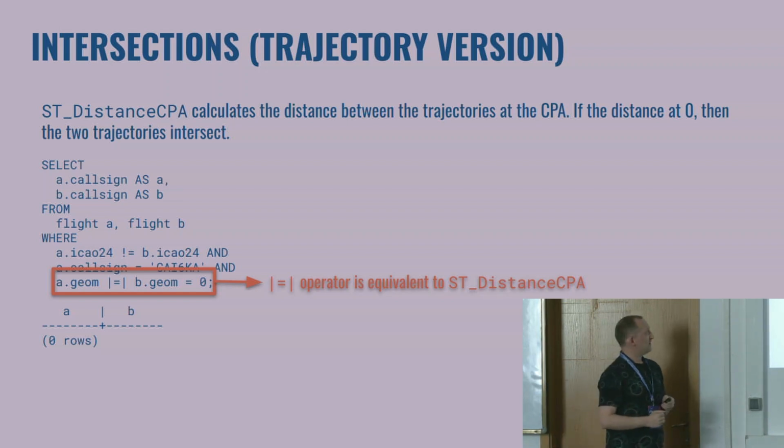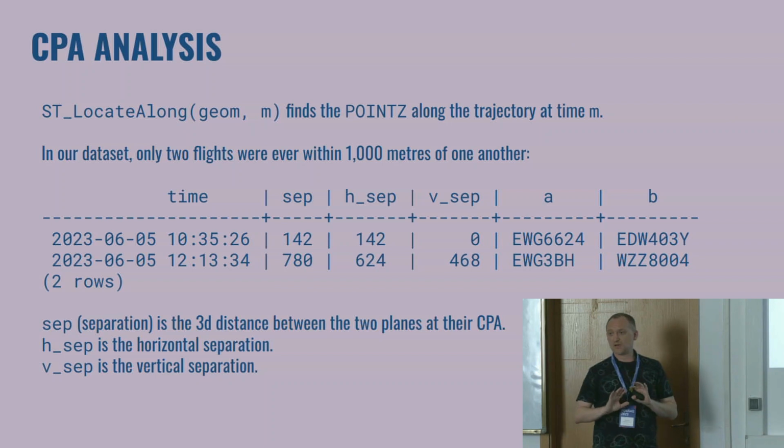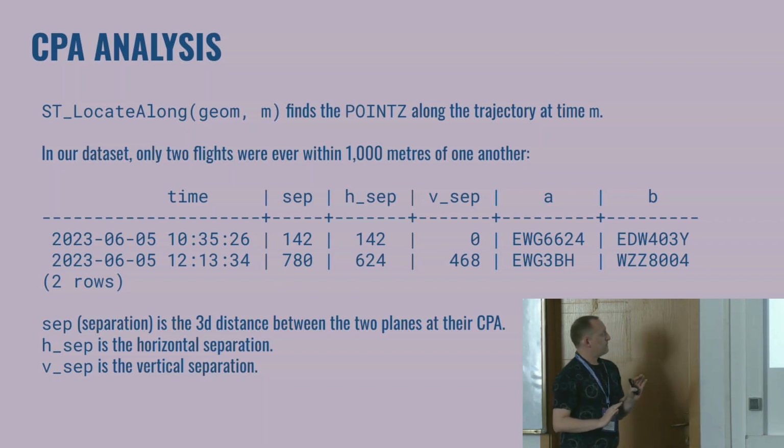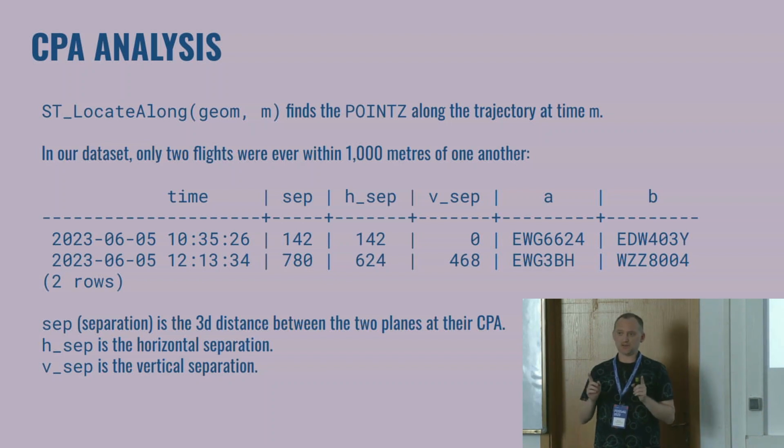Good. So I'm going to wrap this up really quickly here. It is also possible to find what the actual distance was between them, in a way that's useful for doing comparisons. So again, I queried the data set and I just said, when was it that any two aircraft were within 1,000 meters of one another?